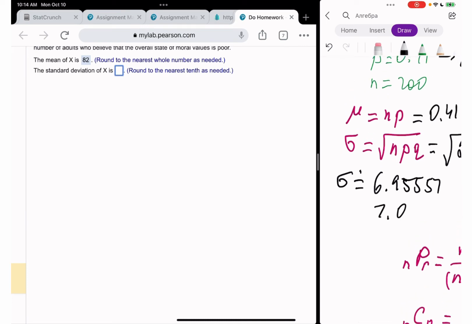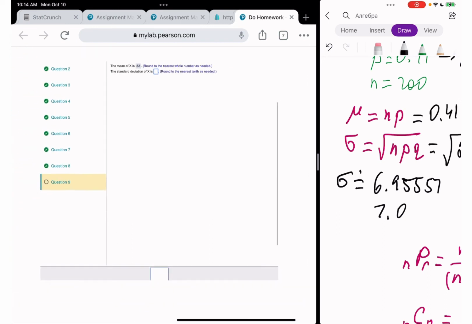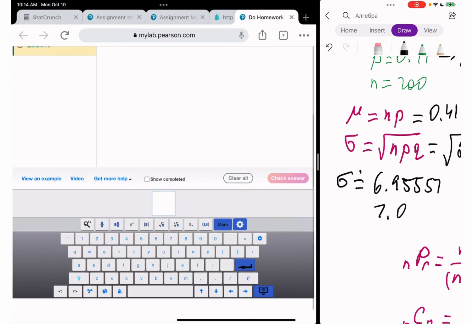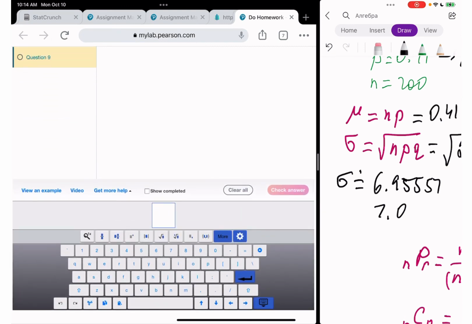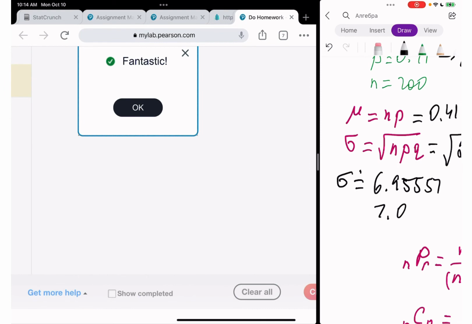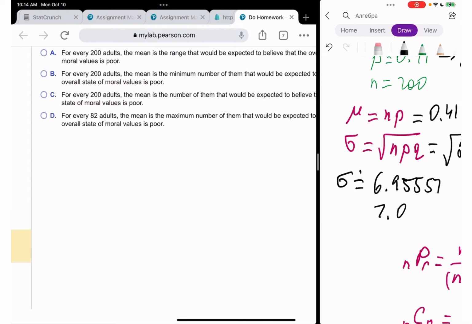I'm going to write down 7.0. Let's see. 7.0. Fantastic. We did a good job.